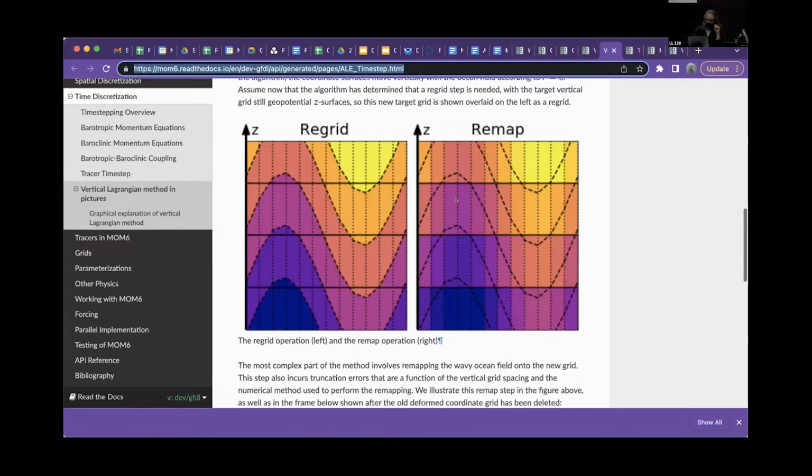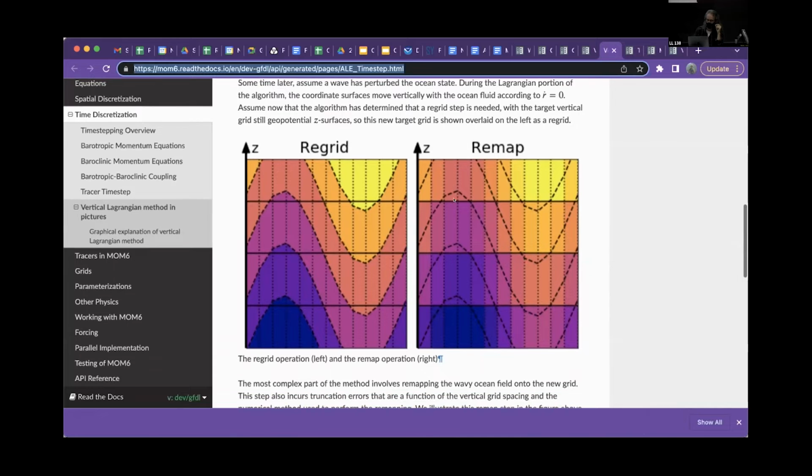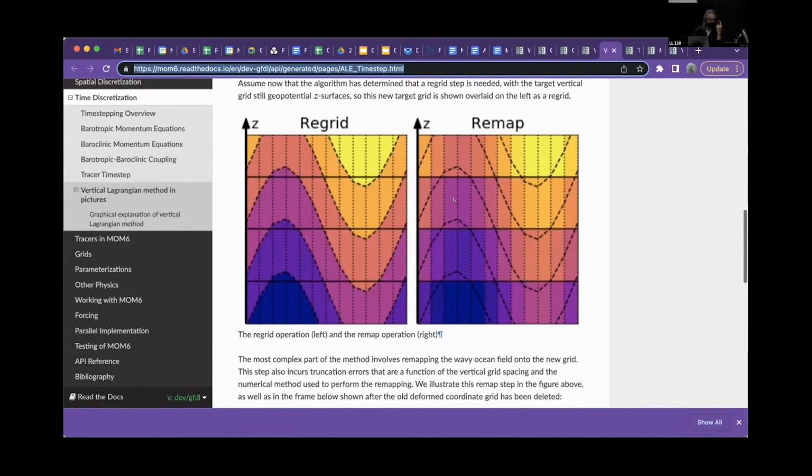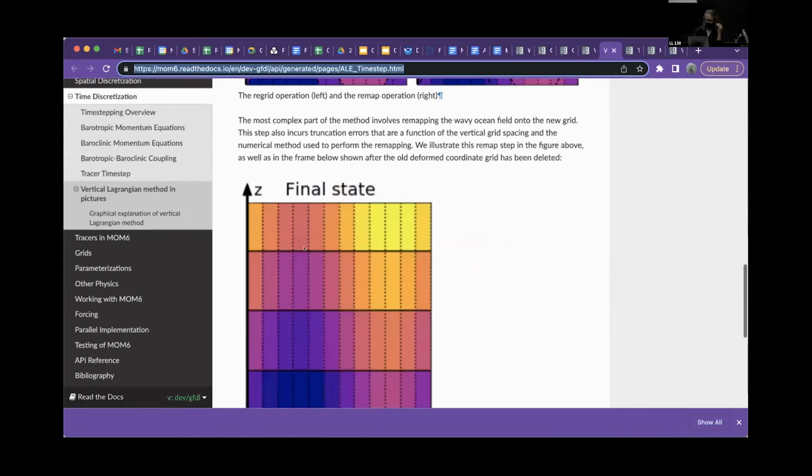That's where the number of vertical layers you have determines your ability to do a good remapping step. Of course, you want to have a higher order remapping algorithm if you can help it. And then the final step is you just throw away the old grid and start the time stepping again with the new grid and the new representation of the state.